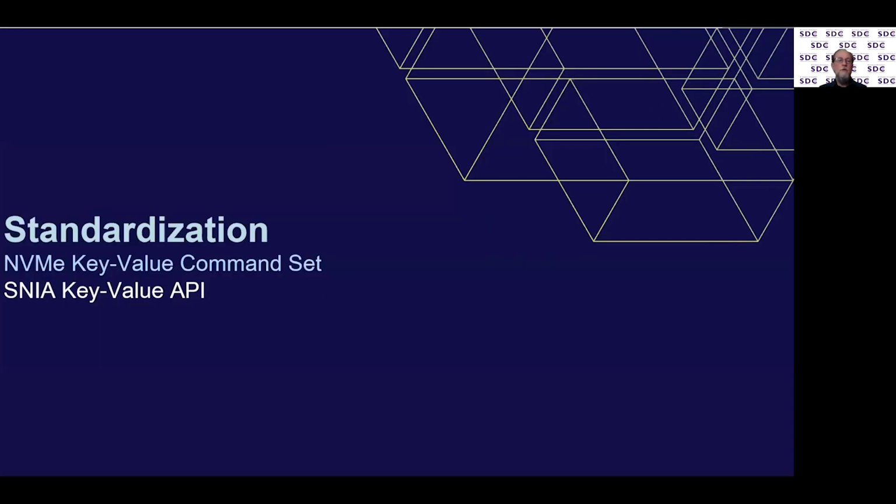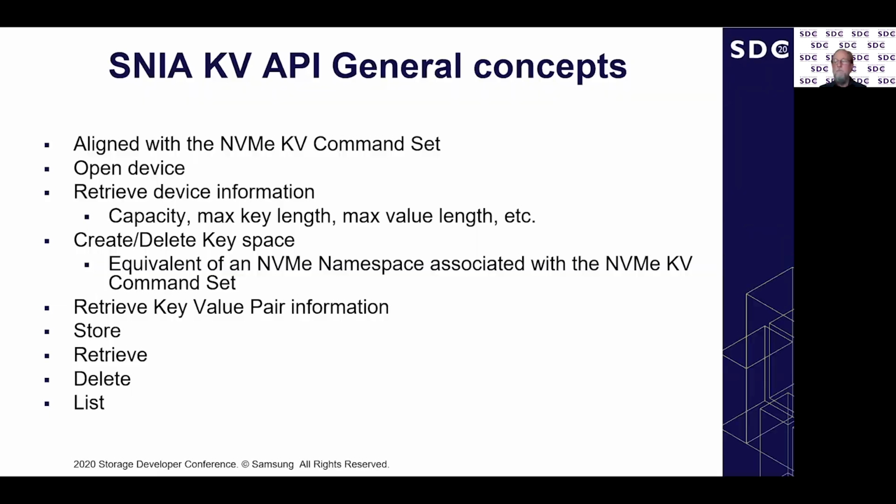So next I'd like to move on to the standardization in the SNIA Key Value API. General concepts, it is aligned with the NVMe Key Value Command Set. The APIs that you have the ability to open a device. When you open a device, it returns a handle for that device.